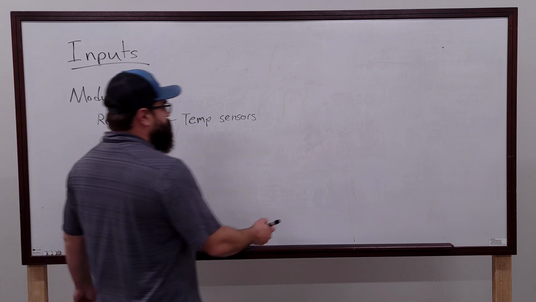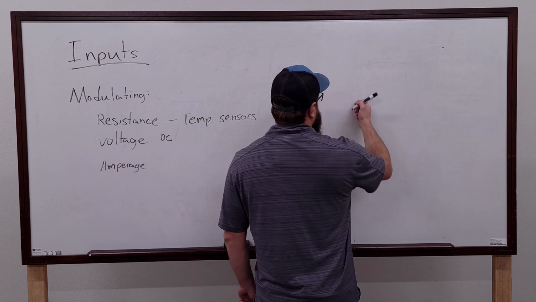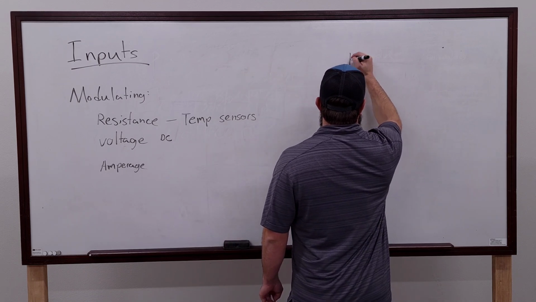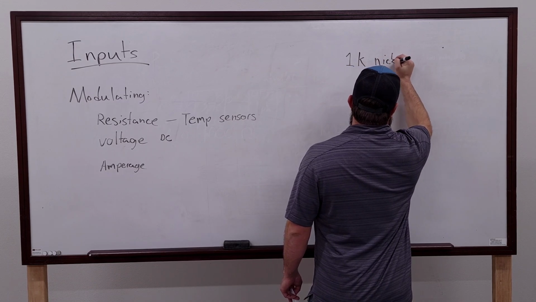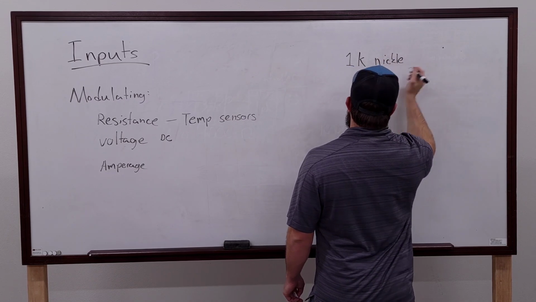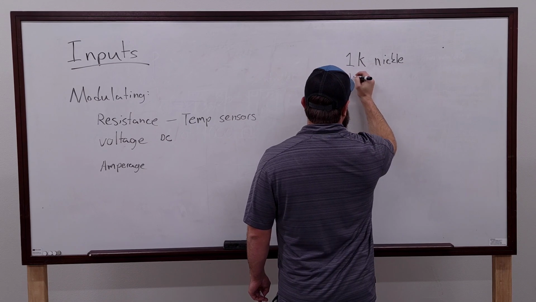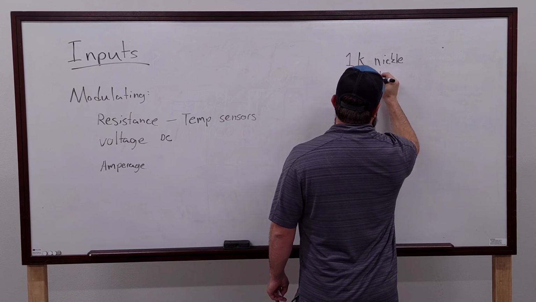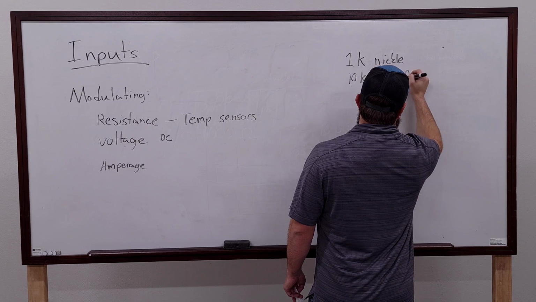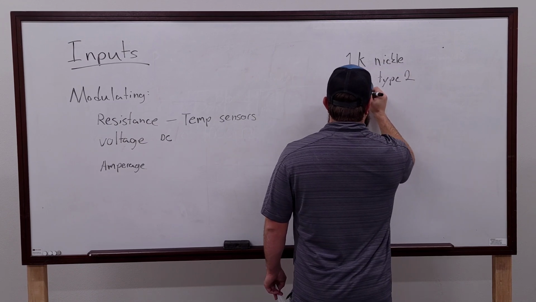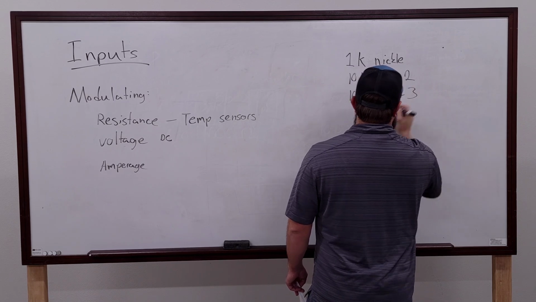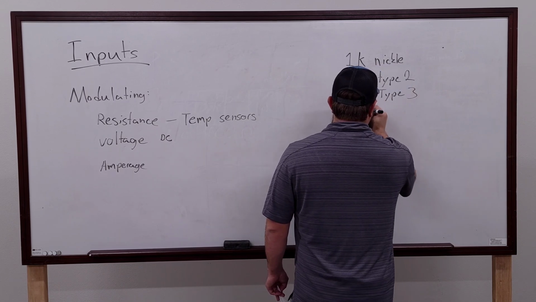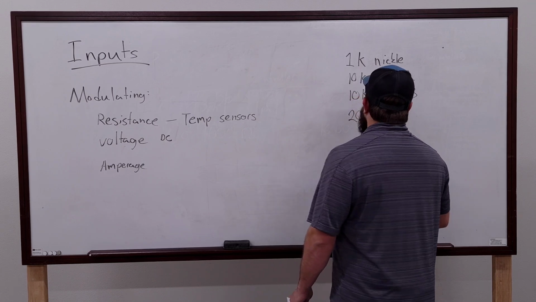Resistance inputs are typically going to be temperature sensors. There are a couple different kinds of temp sensors depending on what brand you're working with. There's 1K nickel. There is 10K type 2, 10K type 3, 20K.